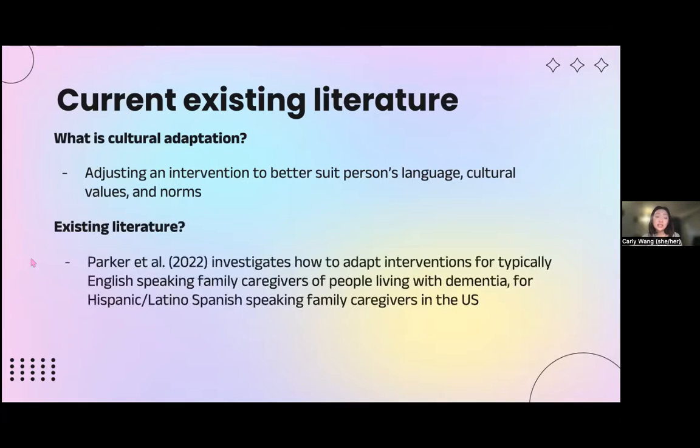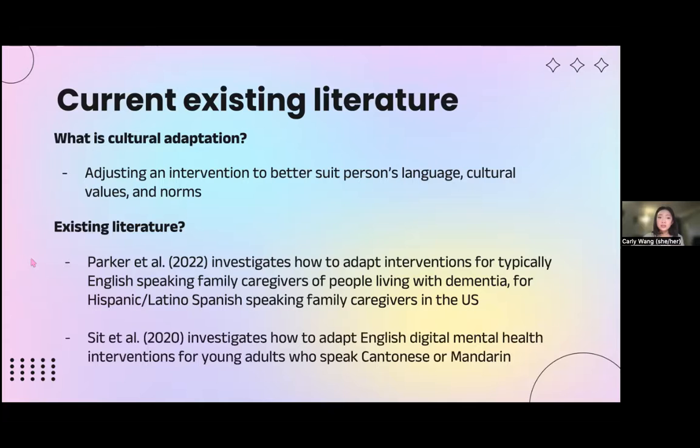And the existing literature on this topic includes Parker et al. investigating how to adapt interventions for typically English-speaking family caregivers of people living with dementia. So a little bit similar with our topic, specifically for Hispanic and Latino or Latino Spanish-speaking family caregivers living in the US. So I don't believe it was quite to do with technology.